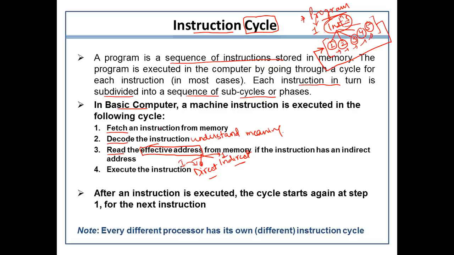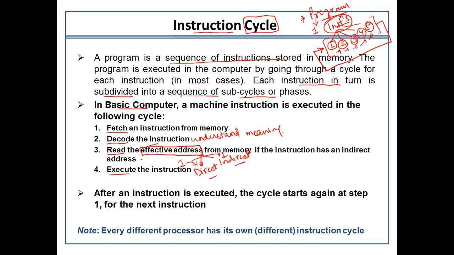After understanding the fetch phase, the decode phase, and the read phase, the last point is when we start with the execution of that instruction. Whatever processing that instruction demands, we do it in the fourth or last phase.